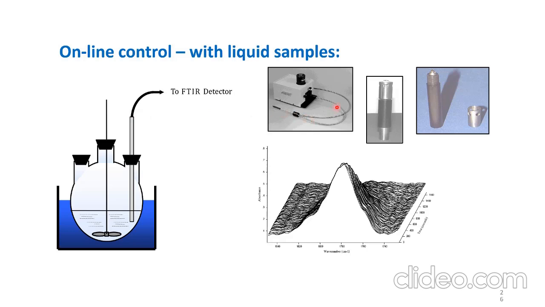As you can see here, one side gives the incident radiation and the other detects the radiation reflected from the surface. For liquid samples, this is a good technique for FTIR.